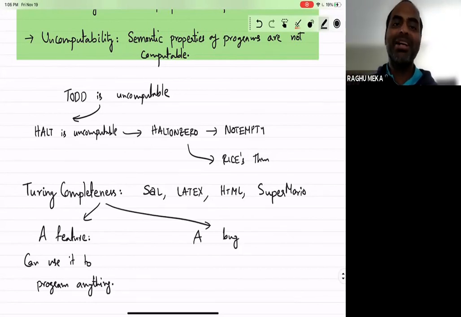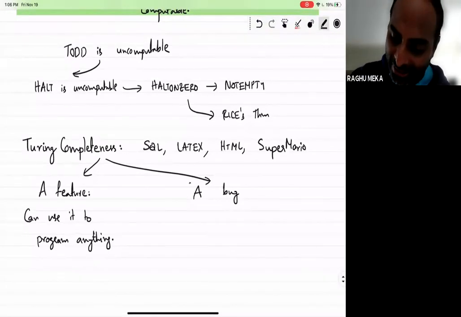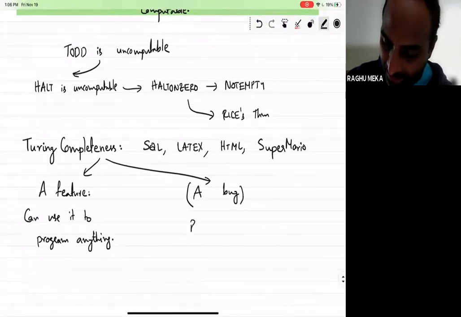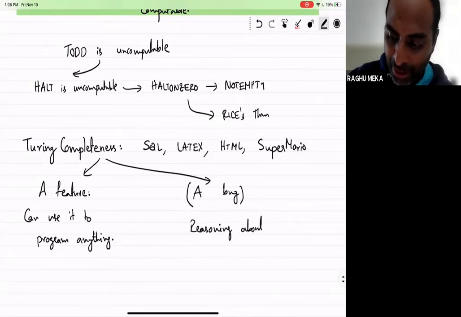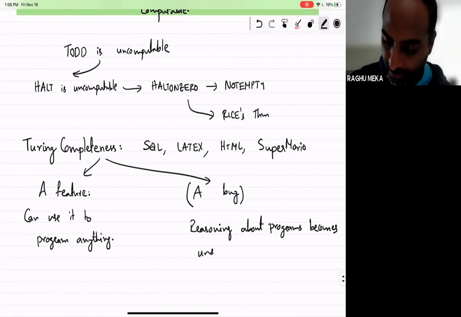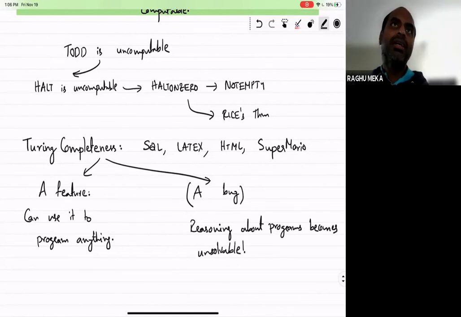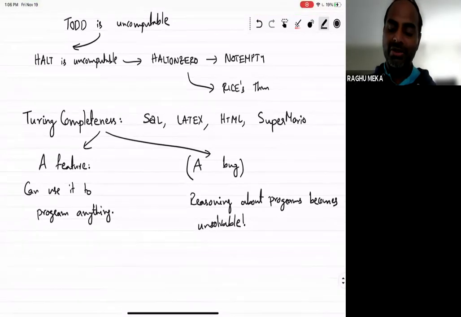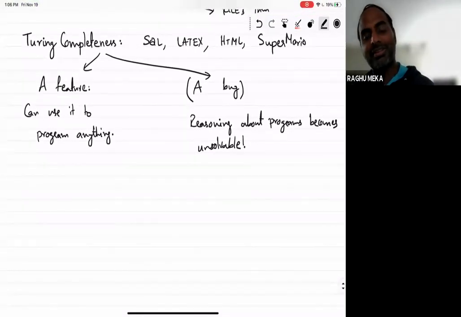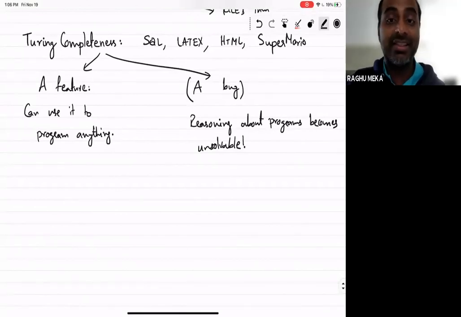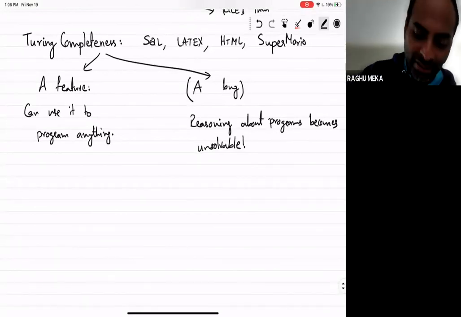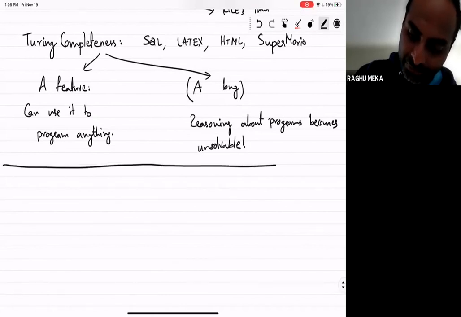Well, I can't program anything, and more importantly, a bug because reasoning about programs becomes unsolvable. Okay, and this is a real world scenario. It's not just something that we care about in theory. This bug can be devastating in practice.